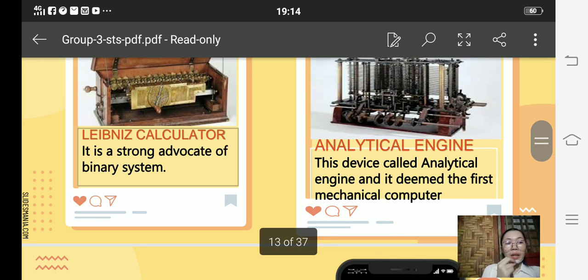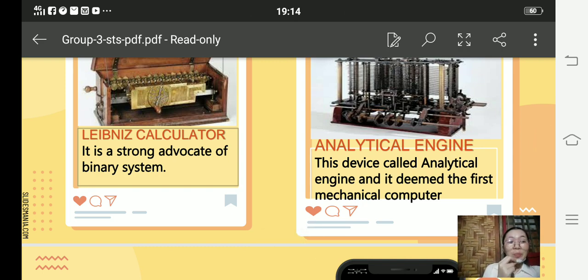This device is called the analytical engine, and it is named the first mechanical computer.